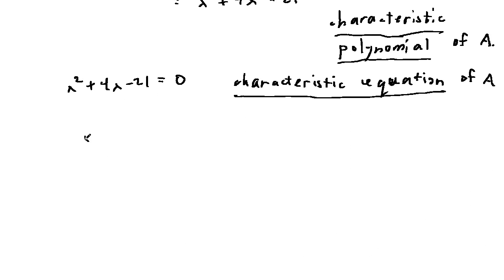Factor this out, and solve for lambda. Okay, we get minus 7 from this factor and 3 from this factor.